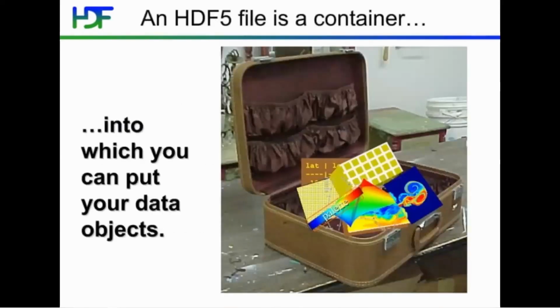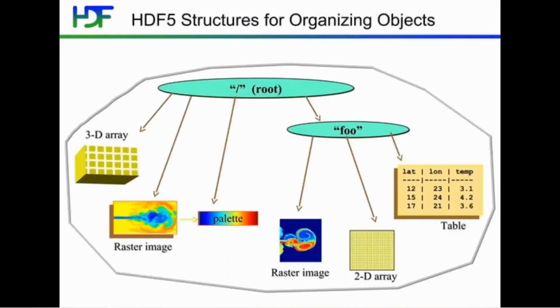To summarize, HDF5 is like a big box, or your luggage, in which you put all the objects that you want, and you can have many different kinds of objects. To see that a bit more as a structure, you have your root object that is like the main file, and then in this root you have a hierarchy of sub objects.